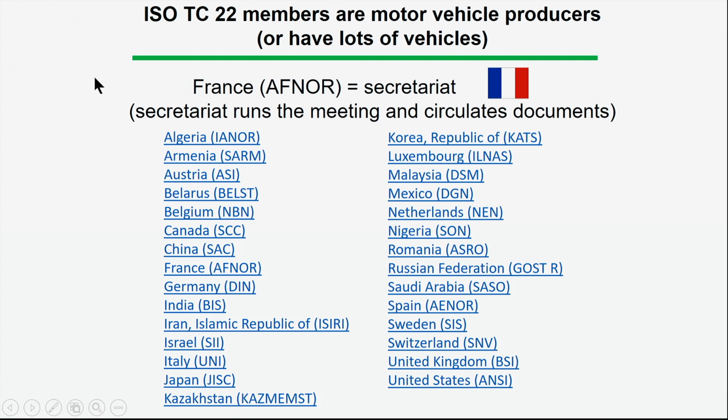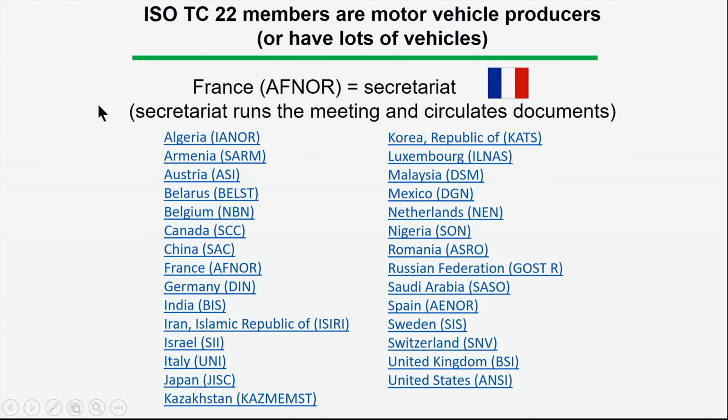Well, here's the full list as of right now of who belongs to ISO Technical Committee 22. And the countries that belong are the countries that either have lots of vehicles or they produce vehicles because they want to have some influence over the requirements for their design and evaluation. The Secretariat is AFNOR, which is the French Standards Organization.